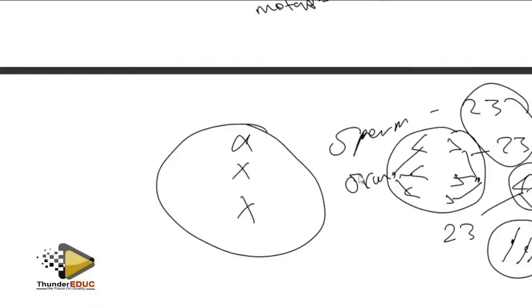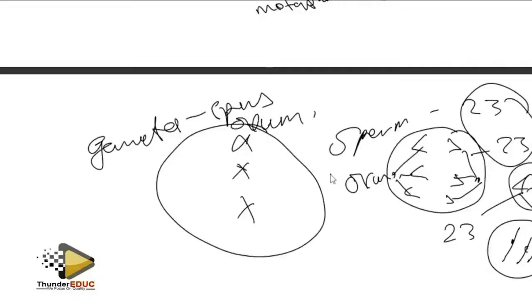Number 2, the major importance of meiosis is to produce gametes. Gametes are the sperms and ova or ovum. Number 3, where does meiosis take place?